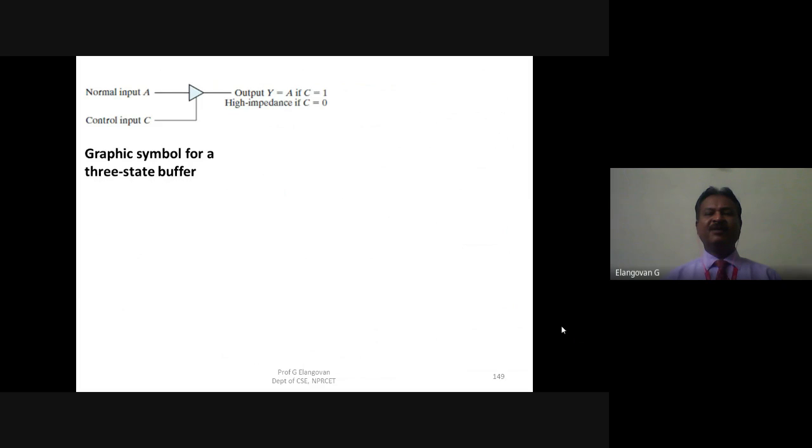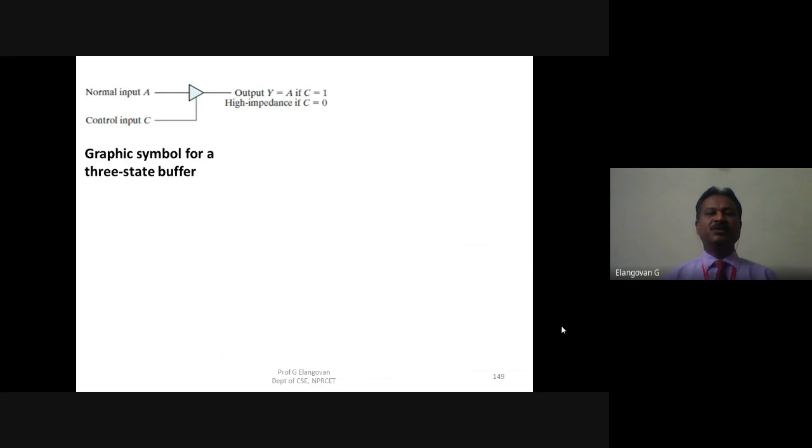With the help of the tri-state buffer, we can design circuits also. It has another control input, along with the normal input A. The output Y is equal to A as long as the control input is 1, or otherwise it goes to a high impedance state.